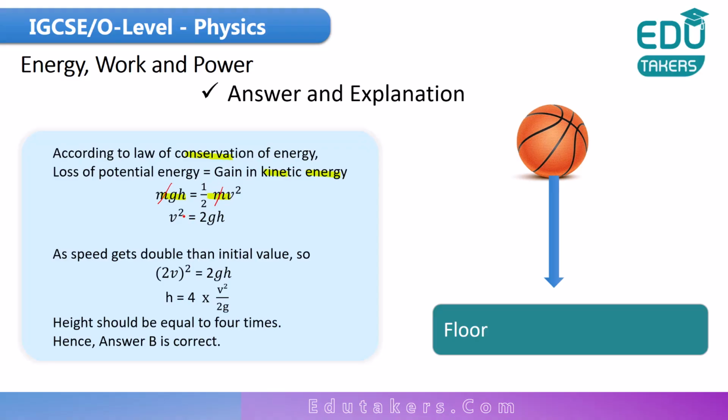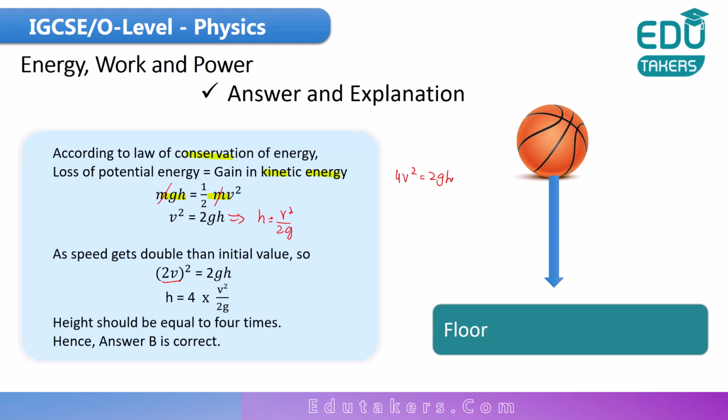The second thing is height. So the speed in this case is double. When the speed is double, just put here 2v instead of v. So you get (2v) square is equal to 2gh. And you write this equation as height is equal to v square over 2g.